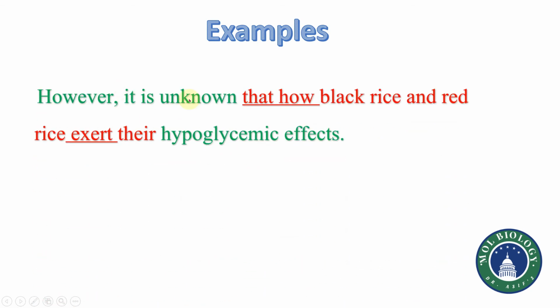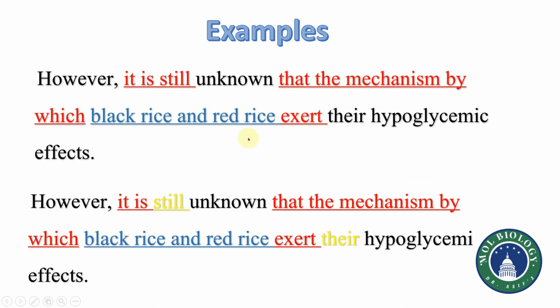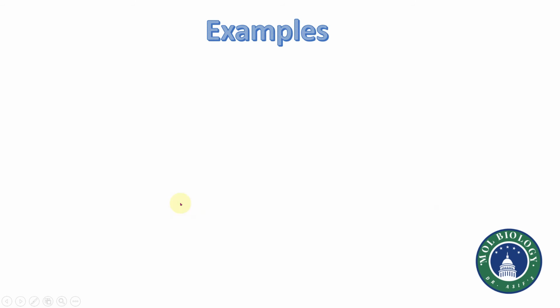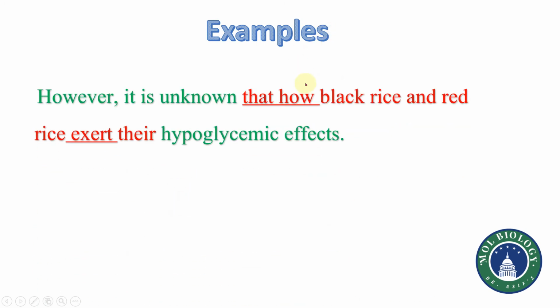In the first part, however, it is unknown. In the previous sentence it was: however, it is still unknown. We have just removed this and changed it to: however, it is unknown that, because what is unknown? Because the remaining things are all essential. What is unknown?